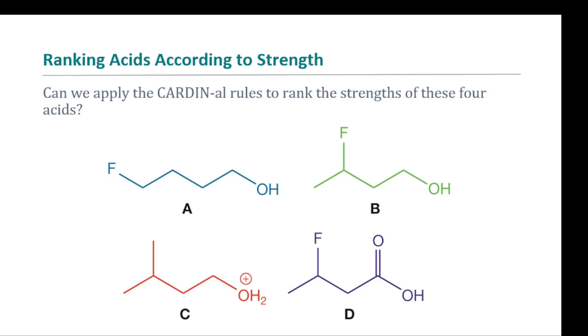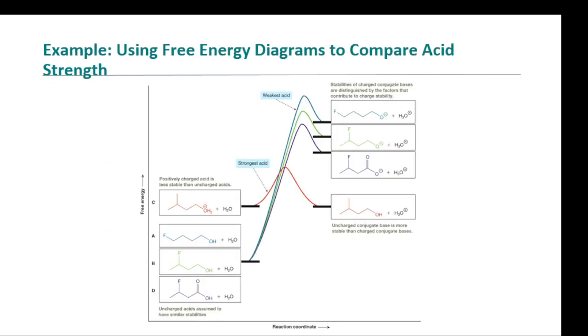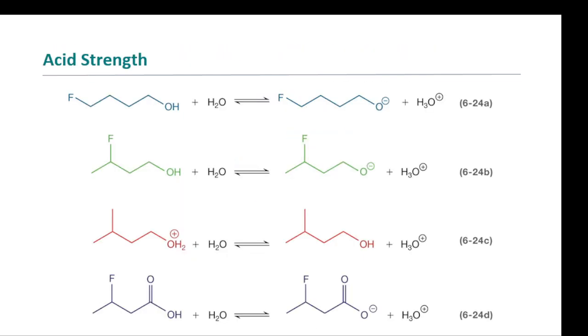How about the next one after that? B. Yeah. Why is that? 1, 2, 3, 4. Right? Yeah. So we have an electron withdrawing group that's closer, don't we? The other one, on the other hand, is a bit further away. Okay. Cool.